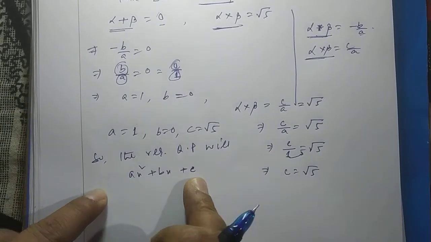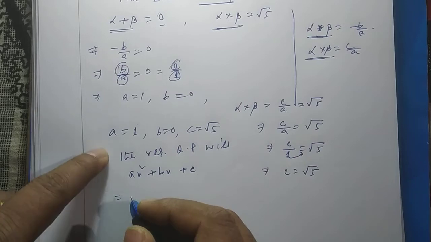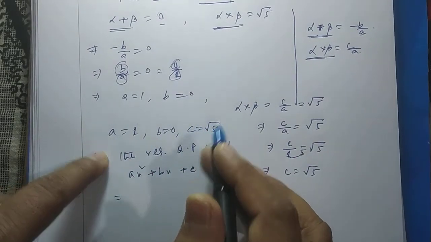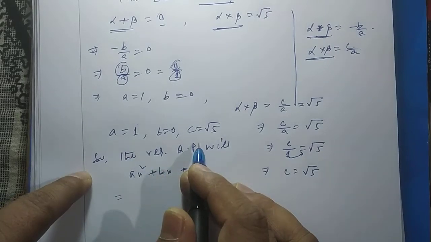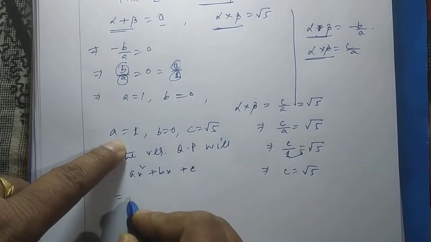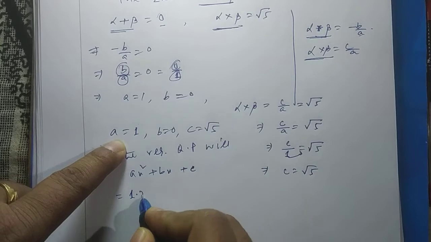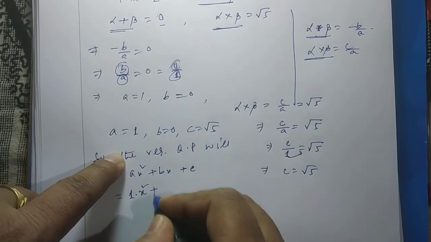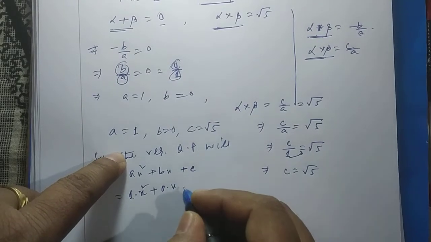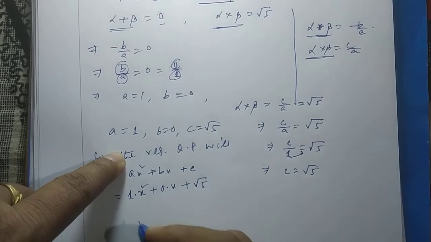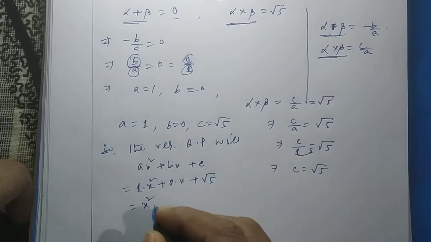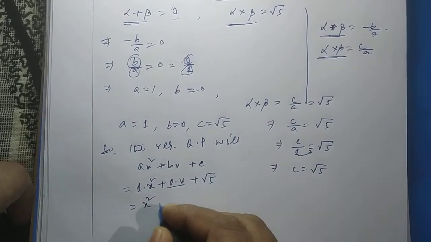Now in the previous step already you have got all the values of a, b, c. Now let us put all the values here one by one. Putting a equal to 1 here, 1 into x square, b equal to 0 here, so put 0 into x, and let us put here c equal to root 5. Now let us calculate. We have got x square, plus 0, plus root over 5.